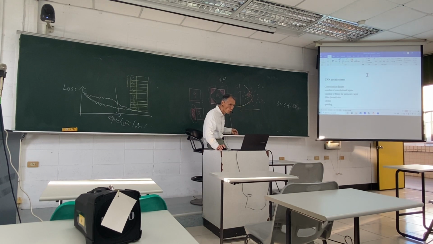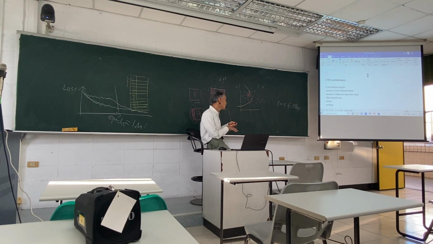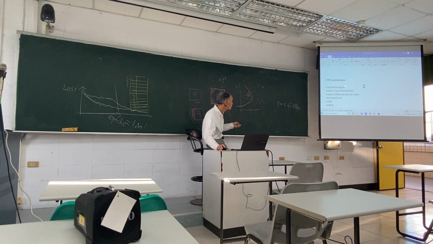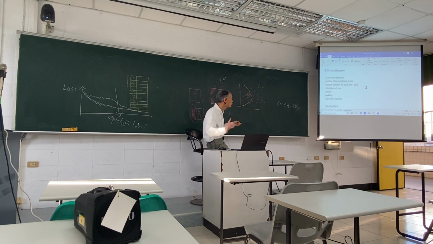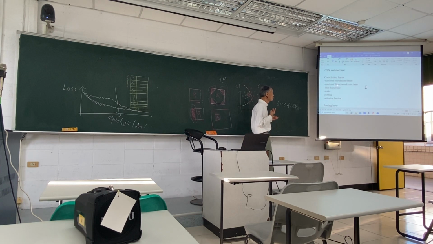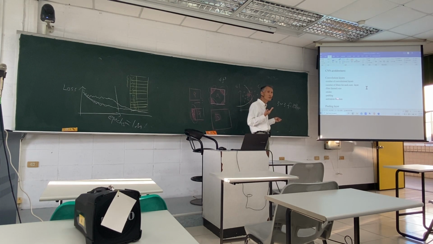Okay, so when you develop a CNN architecture, here's something you need to keep in mind. For the convolution layer, you need to determine what should be the number of convolution layers. What should be the number of filters for each convolution layer?